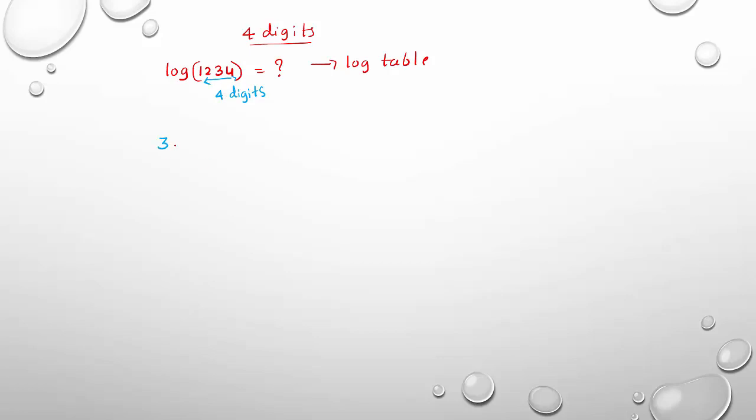Right? I am going to write 3 point. So this is called characteristic. There are 4 digits. 4 minus 1 is 3.